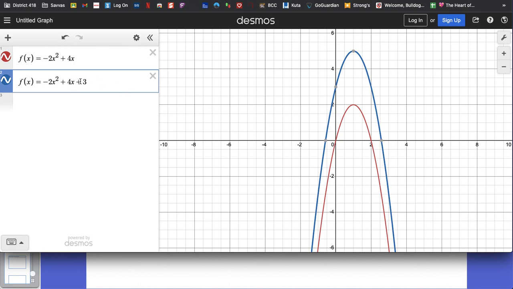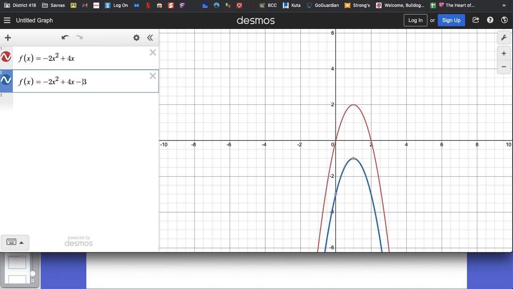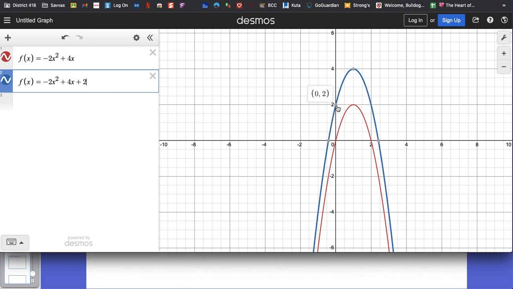And of course, if I did a -3, then it would move down 3 units. So from here, it goes down 1, 2, 3 units. But really what I want you to notice, if you haven't already, is the y-intercept. Every time I move that C value, notice where the y-intercept is. The y-intercept is at 0, 2.